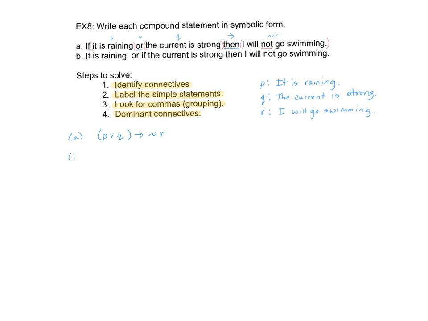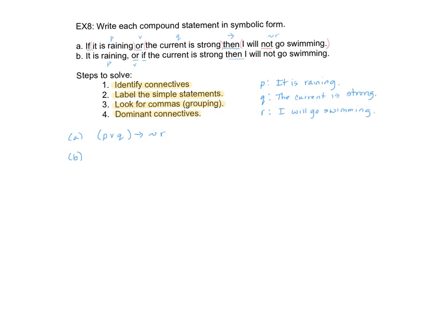All right, let's look at B. In part B, it is raining, there's a comma there, or if the current is strong, then I will not go swimming. I have an or, but I also have an if-then. So the it is raining, that would be my P, or, but there's a comma there. So that tells me that this comma is going to group if the current is strong.